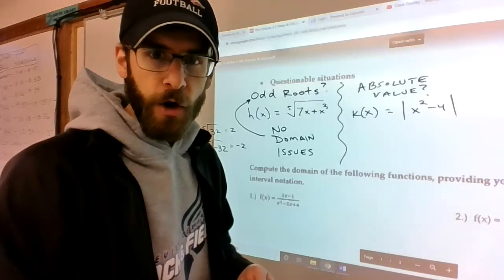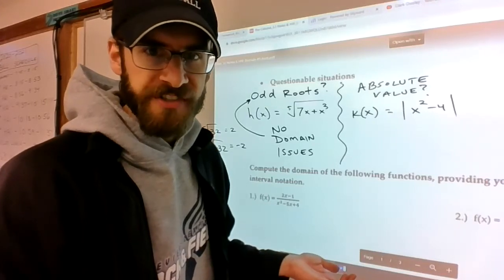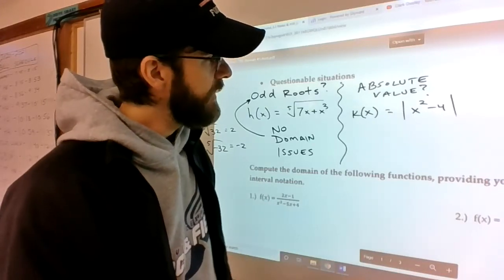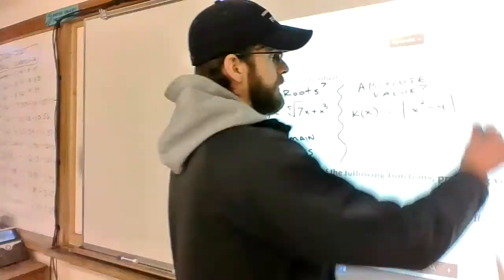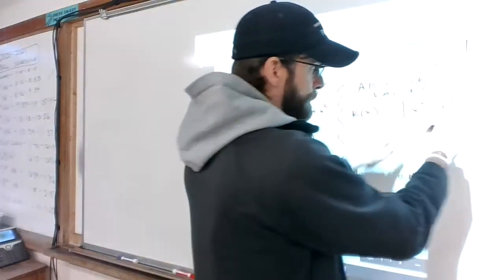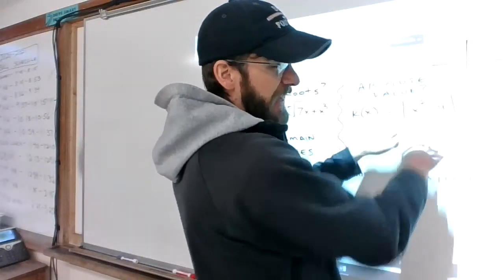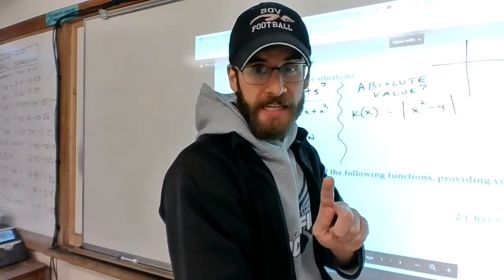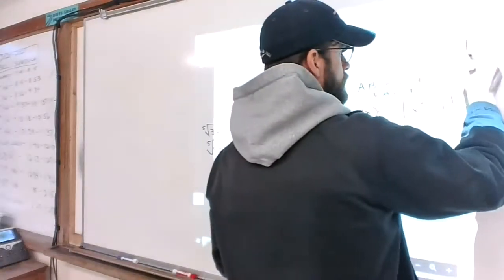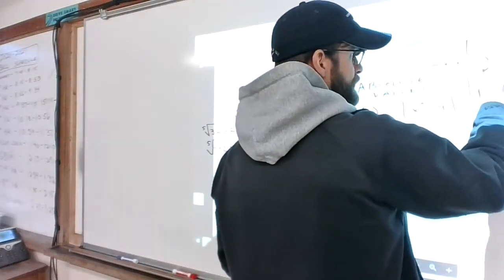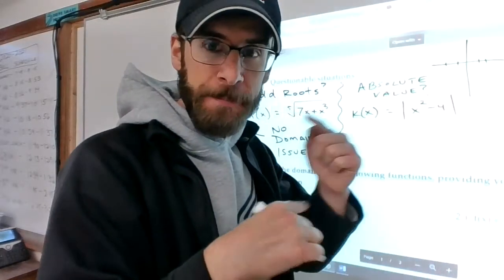But if you do that, all you're doing is finding the places where it crosses the x-axis. The graph looks like a normal parabola except between negative 2 and 2, where the parabola is flipped upside down.